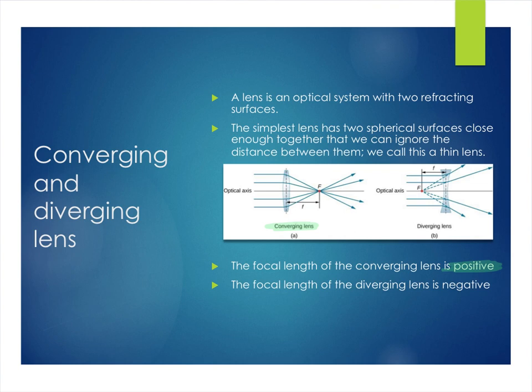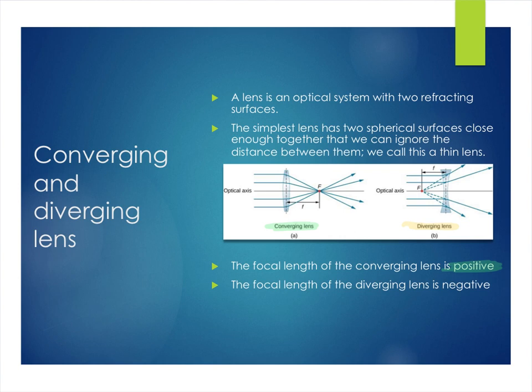In the second picture, we have what we call a diverging lens. You can see it's thinner in the middle. What happens is when the parallel light rays go through the lens, they tend to be dispersed, or diverge from each other, which is why we call it a diverging lens.